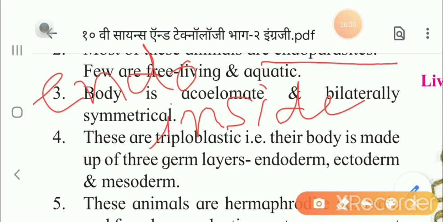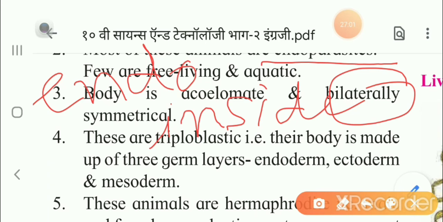Now, these have a body which is acoelomate and bilaterally symmetrical. This I already told. What is the meaning of bilaterally symmetrical? That means when the body has a plane in which the left and right side of the organism can be divided into approximately mirror images of each other along the midline, then it is called bilaterally symmetrical.